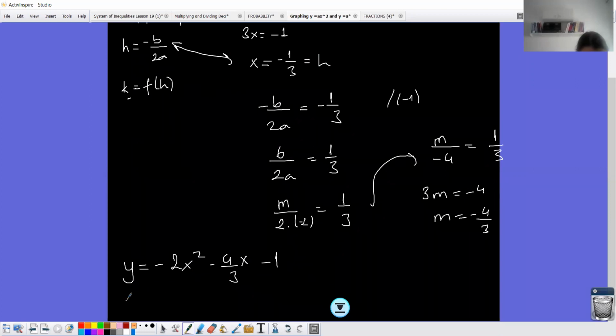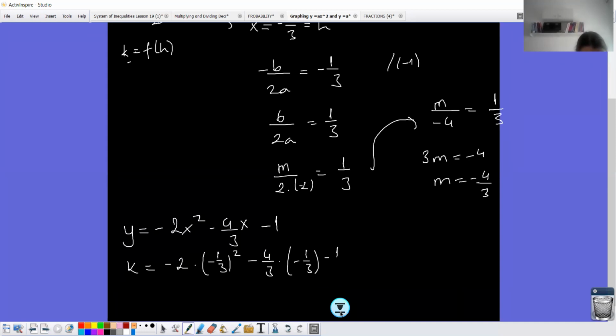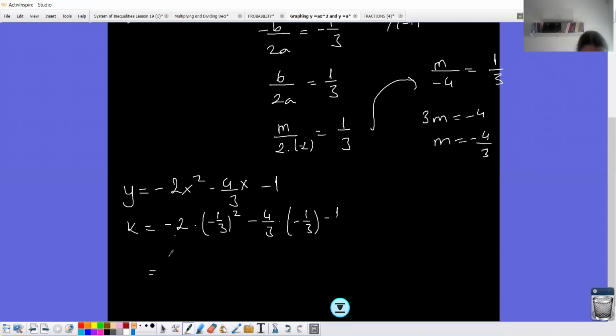Now for k, I will do minus 2 times, what is h? Minus 1 over 3 squared, minus 4 over 3 times minus 1 over 3, minus 1. Now what I will have: minus 2 times, because I have squared, minus becomes plus, 1 over 9, and minus times minus will be plus 4 over 9, and minus 1.